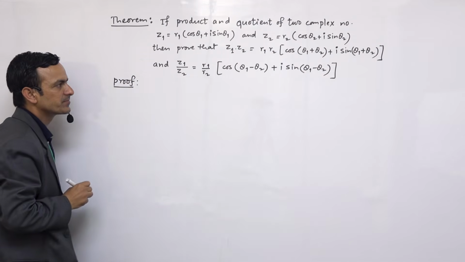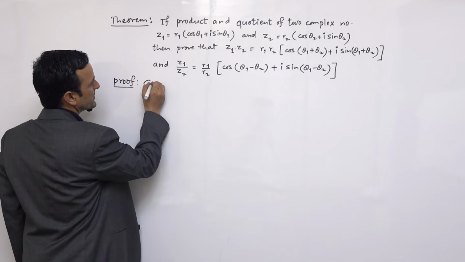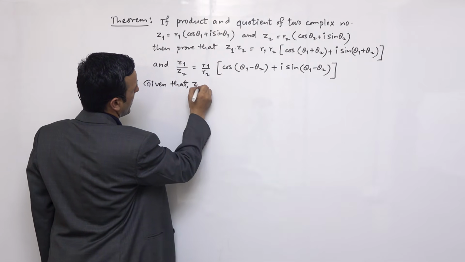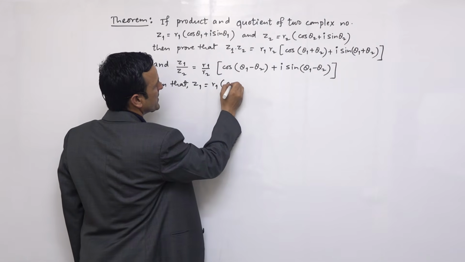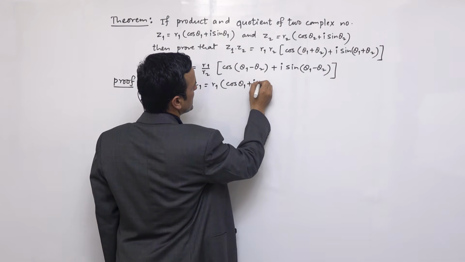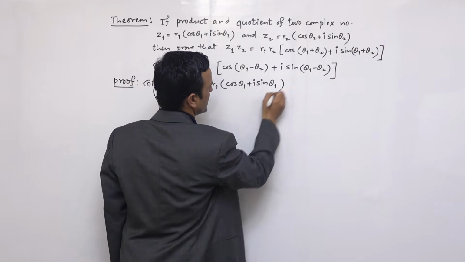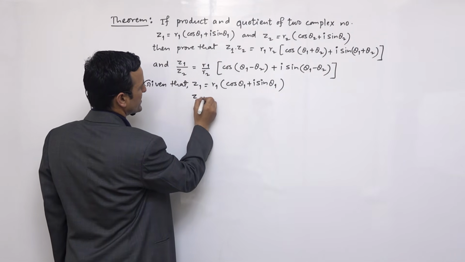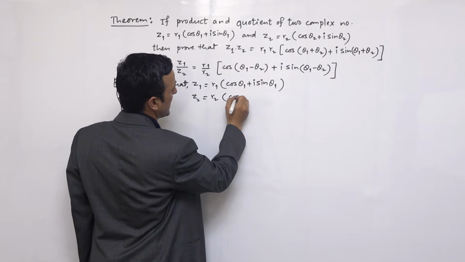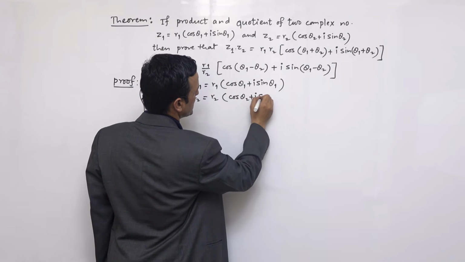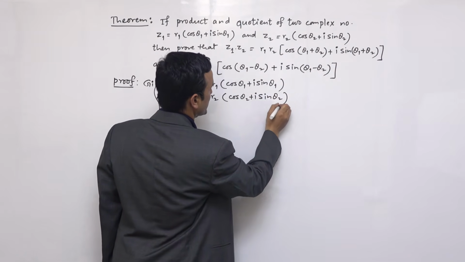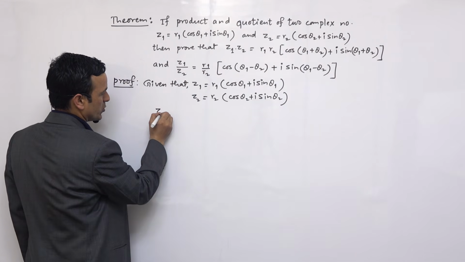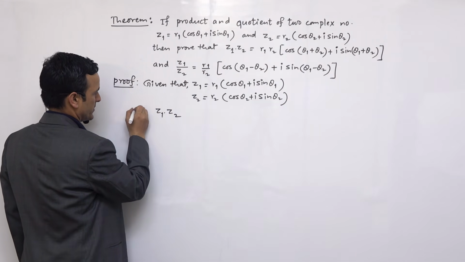Now, given that Z1 is equal to R1 times cos theta 1 plus i sin theta 1, and Z2 is equal to R2 times cos theta 2 plus i sin theta 2. Now we can multiply together. So Z1 into Z2.